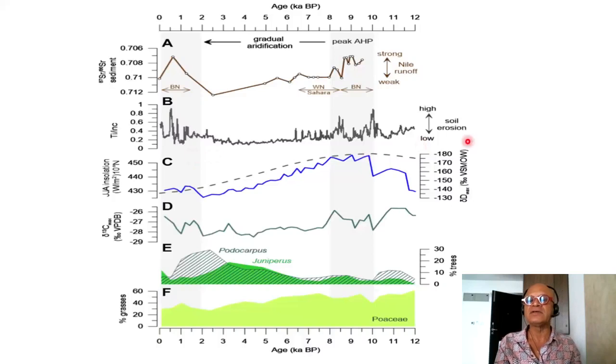This is looking at soil erosion using titanium as an indicator in sediments. So high erosion, low erosion corresponding to wet periods and dry periods, which is natural. And then you look at the insolation forcing over this period using deuterium. Let's not worry about that.